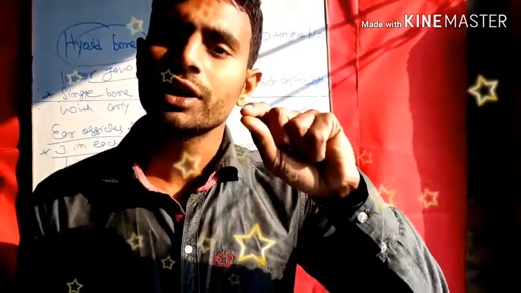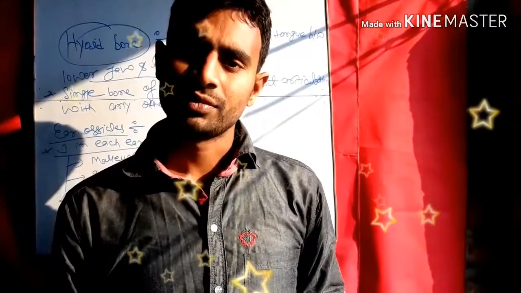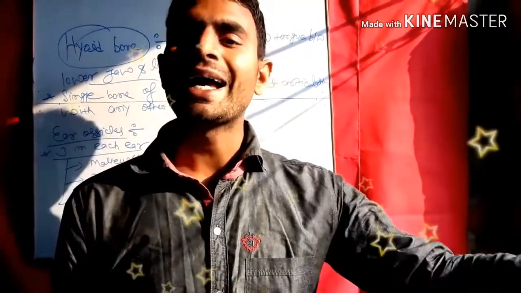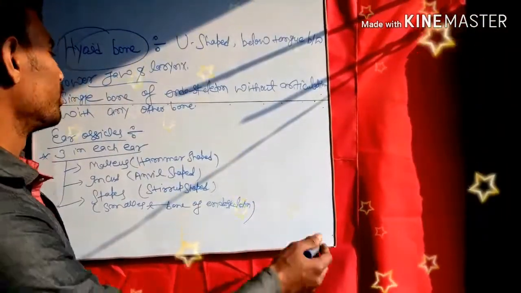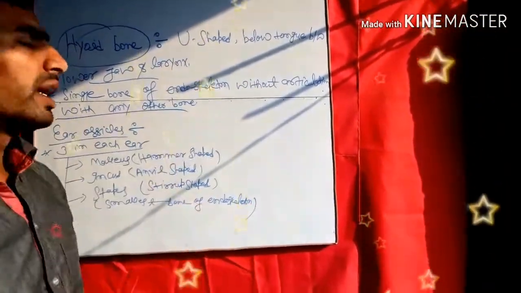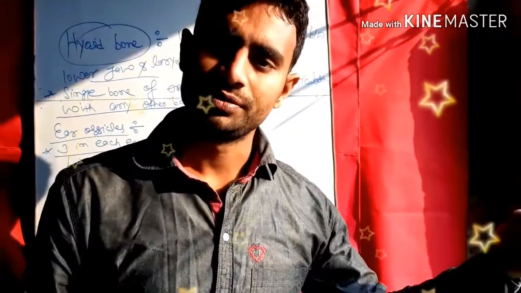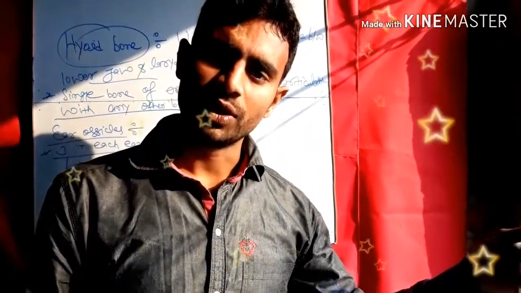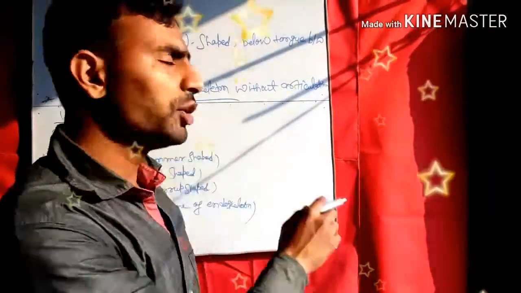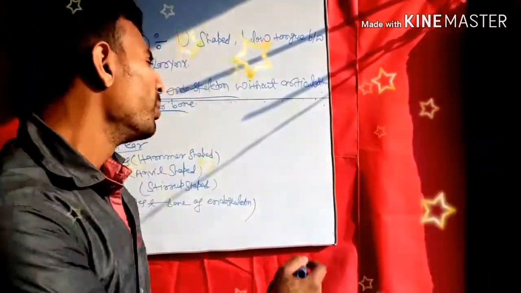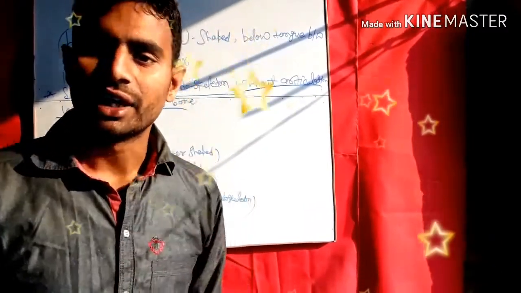The hyoid bone is a single bone that is not attached to any other bone. This means the hyoid is a single bone of the endoskeleton without articulation.